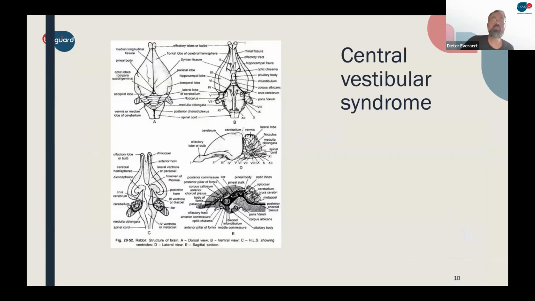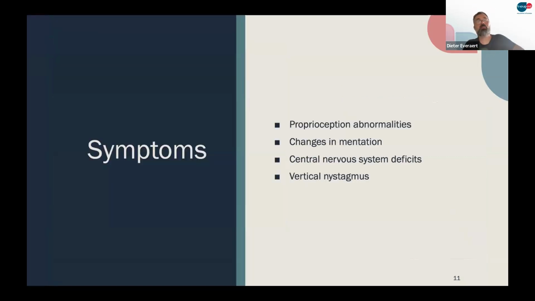Then the central vestibular syndrome, as said, is the central part, meaning the cerebellum and the cerebrum. If you want all the details, you can look at it. To differentiate abnormalities between peripheral vestibular and central vestibular disease: in central vestibular disease, what you see quite often is proprioception abnormalities.